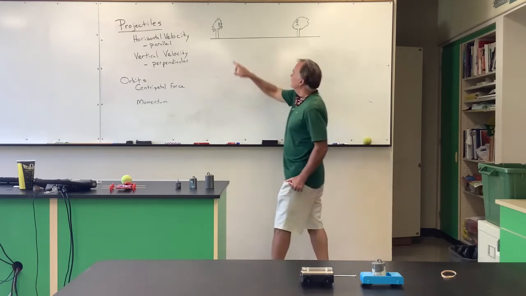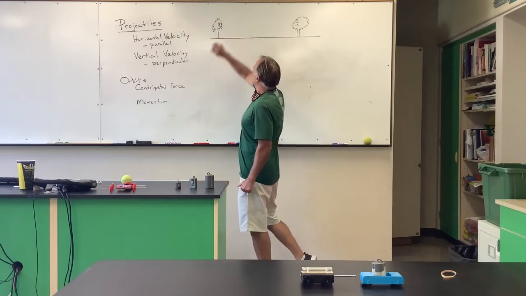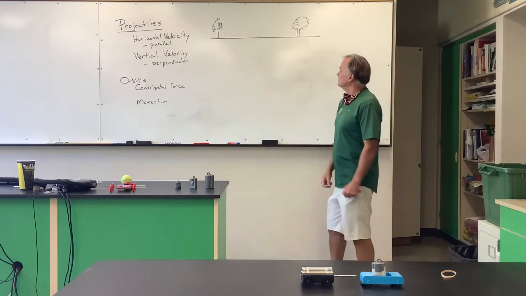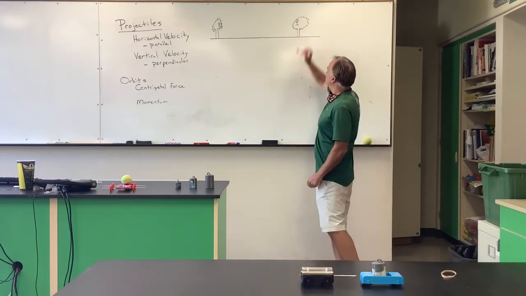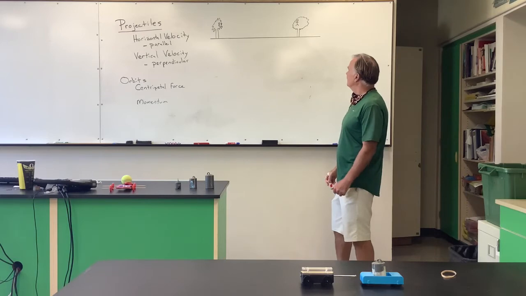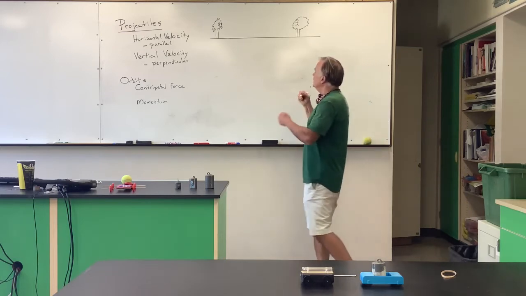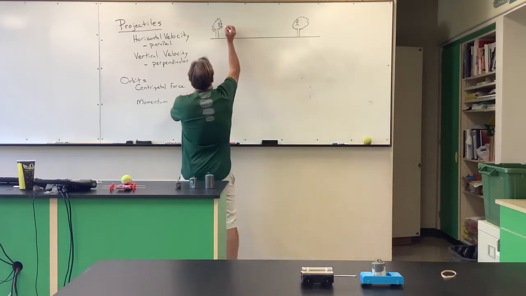Here I have a guy in a tree with a little blowgun, a dart gun. And here is the person he's shooting at. So he blows on that dart gun.